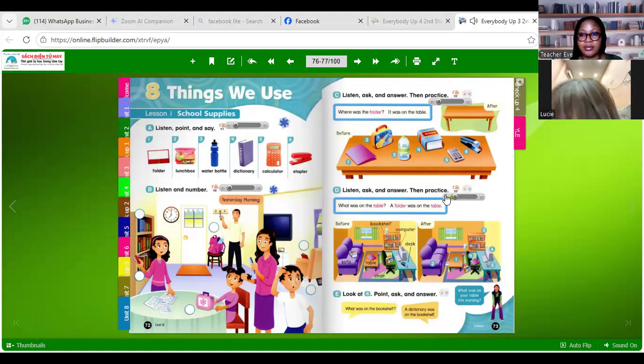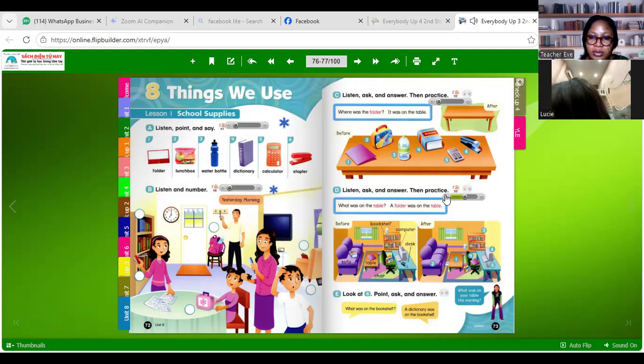Then practice. What was on the table? A folder was on the table. 1, What was on the table? A folder was on the table. 2, What was on the sofa? A dictionary was on the sofa. 3, What was on the bookshelf?